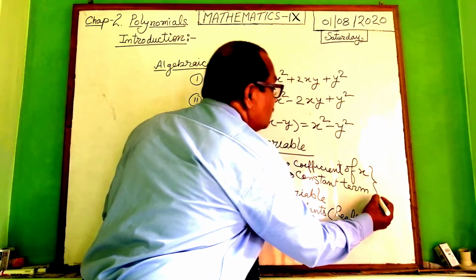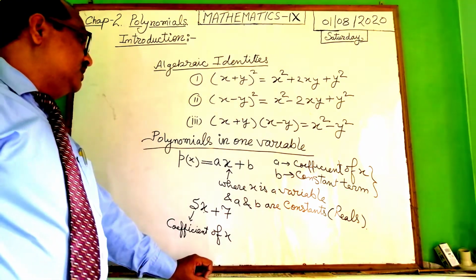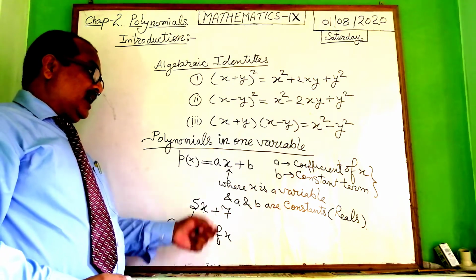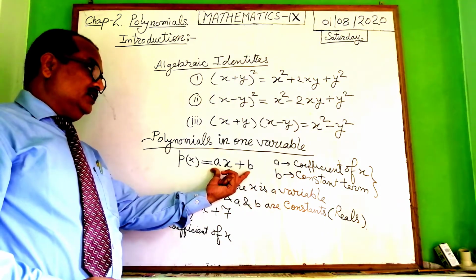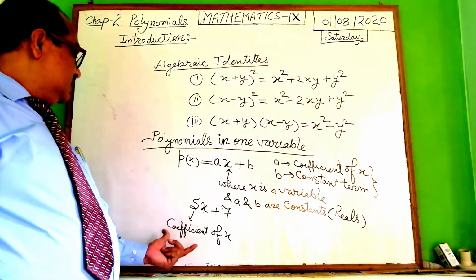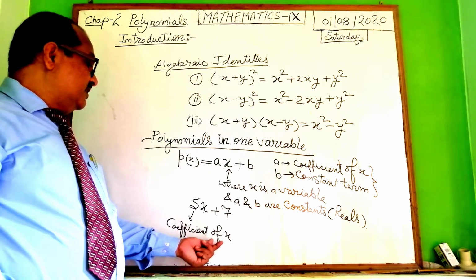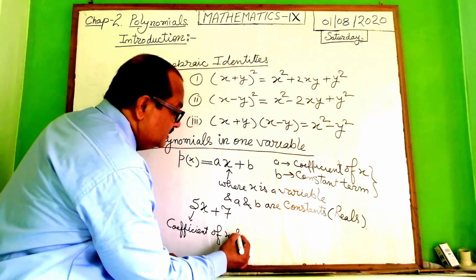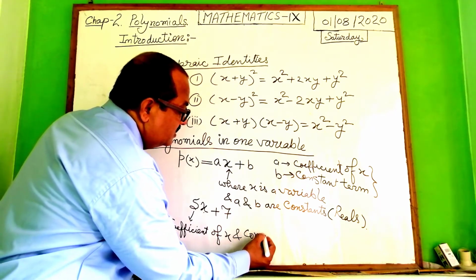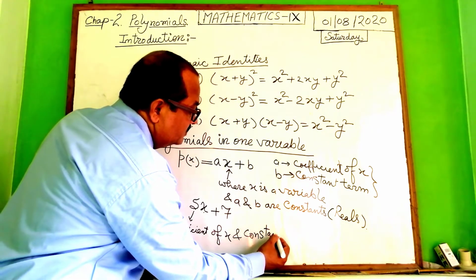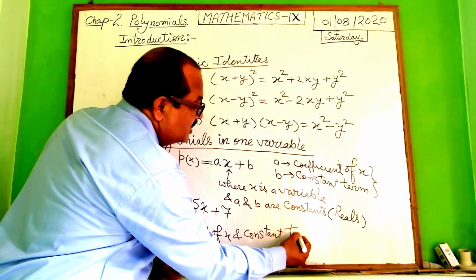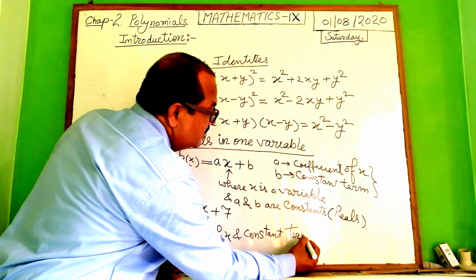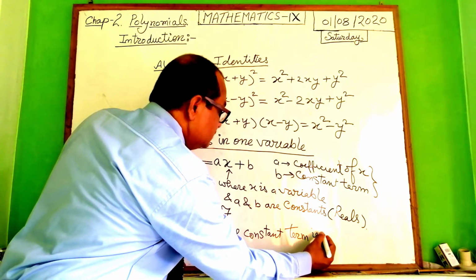So students, for every polynomial in one variable, maximum 2 terms will be there. Here you can see the coefficient of x is 5, and the constant term is 7.